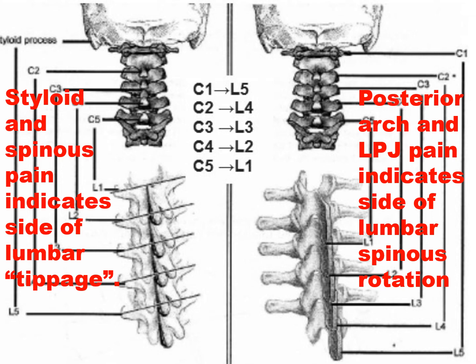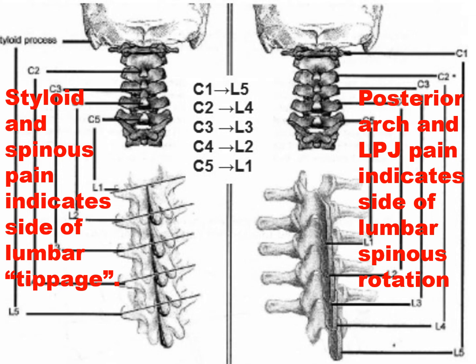So C5 corresponds to L1, C4 corresponds to L2, C3 to L3, C2 to L4, and there is no spinous per se of atlas. What we have is another area that also begins with an S called the styloid. And the reason you get that palpatory pain on the same side as lumbar tippage at the associated Lovett Brother is due to muscle effort on that side of the body to untip the neck.